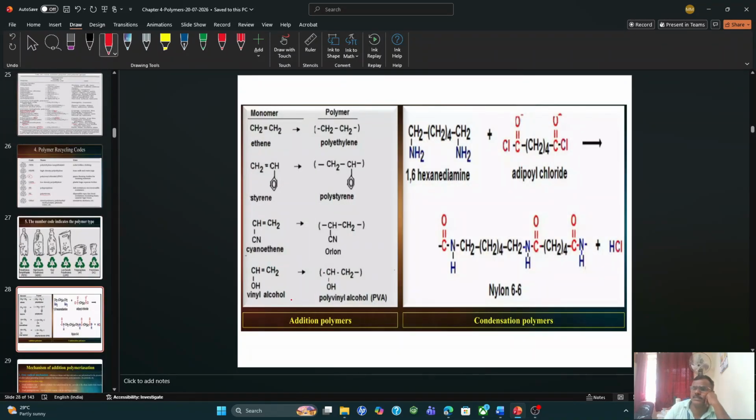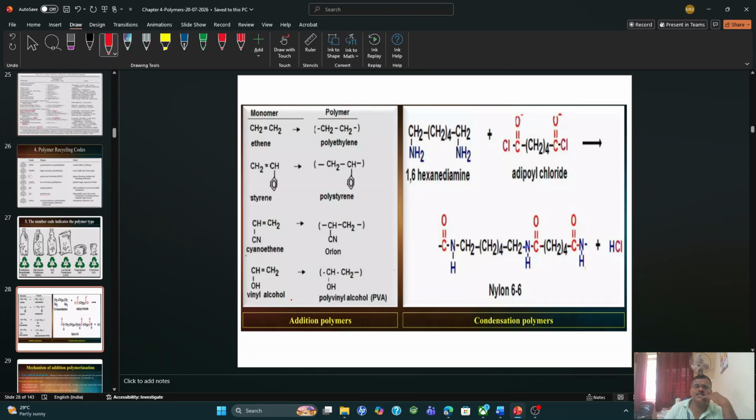Our next topic is the difference between addition polymers and condensation polymers. First, I will address the addition polymers, their synthesis, properties, and then applications. Then I will discuss the condensation polymers. Then we'll go for the difference.